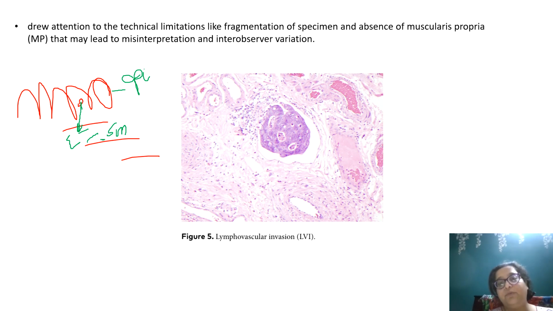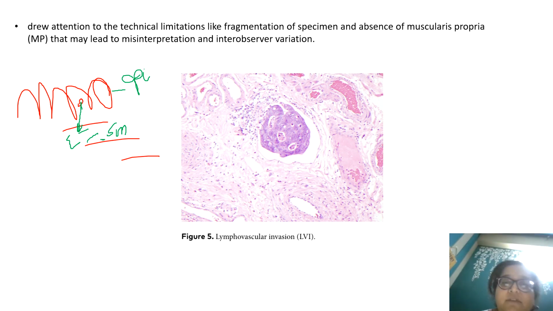Another thing that you have to note in such biopsies is lymphovascular invasion. So whether it's a lymphatic invasion or a vascular invasion in colorectal carcinomas, some papers stress on that also. Remember, as a pathologist, if you are calling something an invasion, please see very carefully that the tumor emboli need to stick to the wall of the vessel.